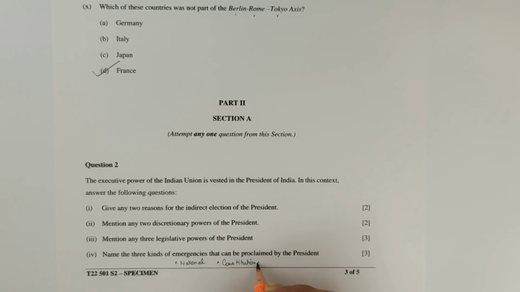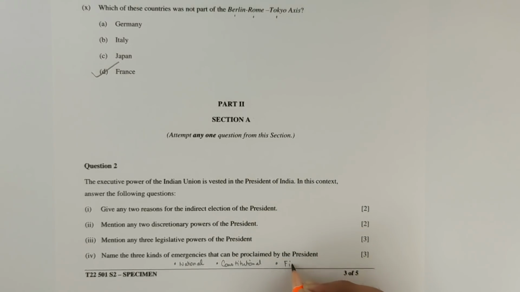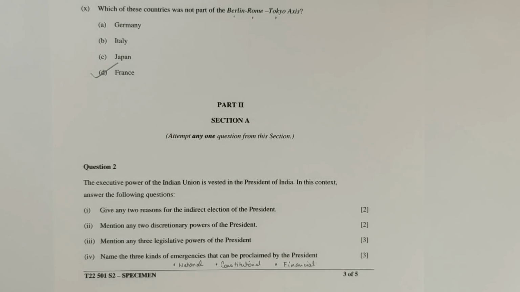And thirdly, emergency of a threat to the financial stability of India, that is the financial emergency. Hence guys, these were the 3 kinds of emergencies that can be proclaimed by the President of India.